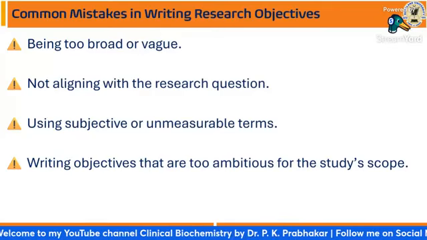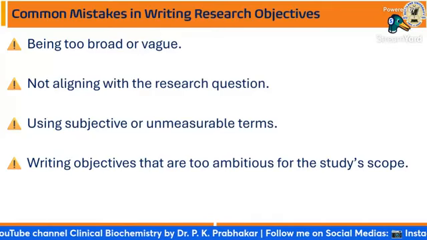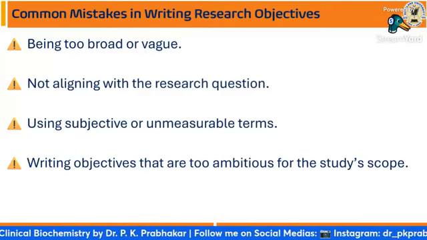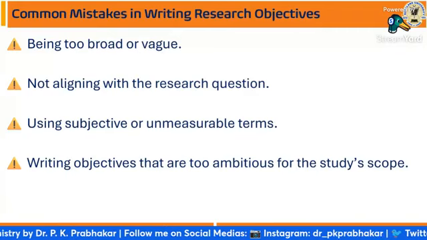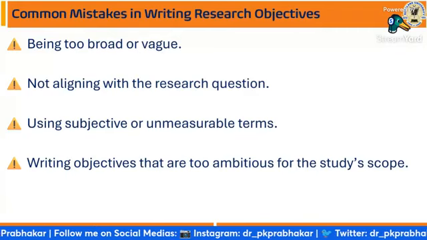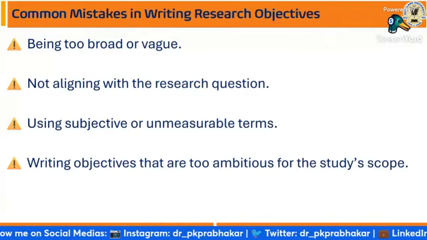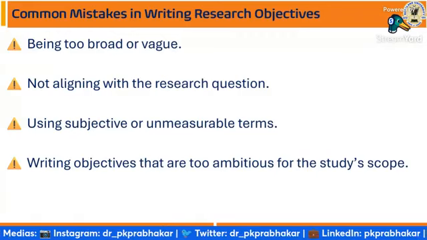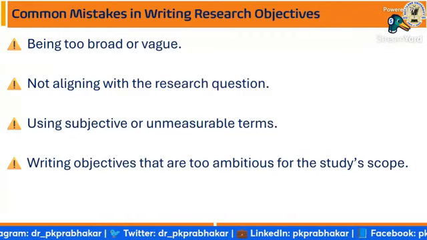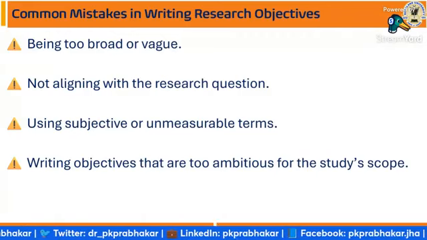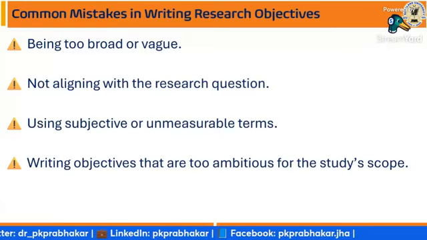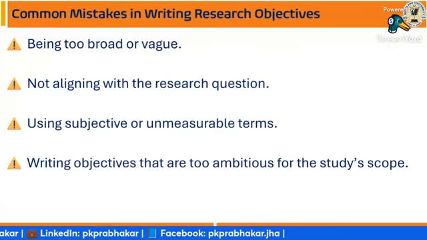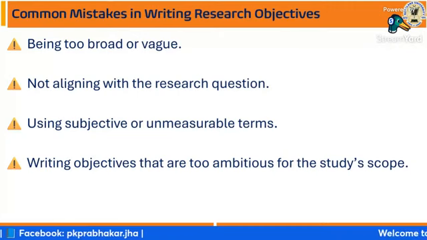So whenever you are planning to define your objective, it should not be too broad or too vague. It should not be too ambitious, because your resources are limited. Time is also a resource. Time, infrastructure, resources, everything is limited. So as per the availability of resources, time, and other things, you should plan your research objectives.